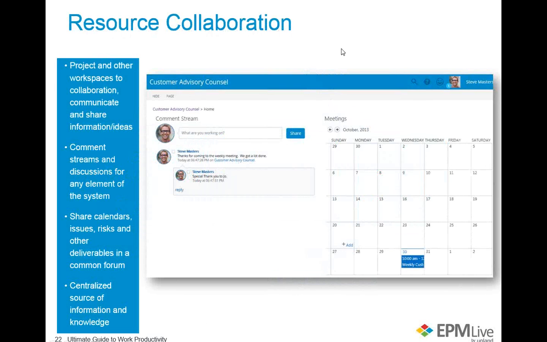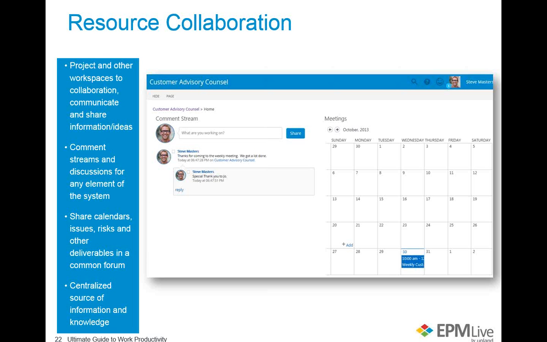So from a resource collaboration perspective, there's a bunch of tools that we're providing. We provide workspaces, for example, that allow people to have a common forum where they can communicate information and ideas. There are comment streams where people can have threaded discussions in one central place and discuss any element of the system. They can share calendars, issues, risks, and other deliverables in a common forum. They can give each other to-dos.